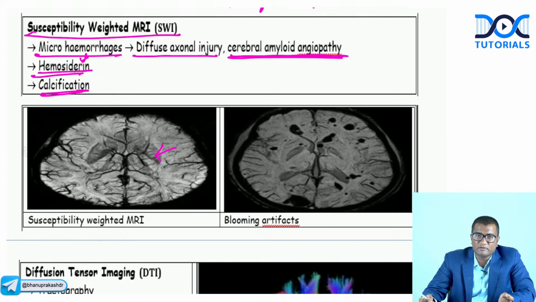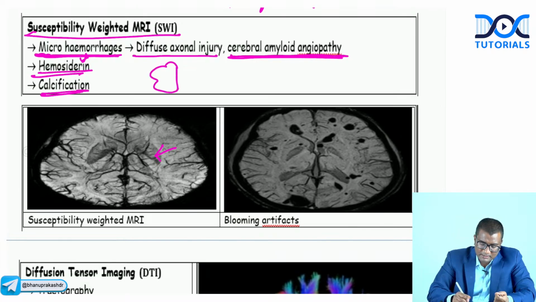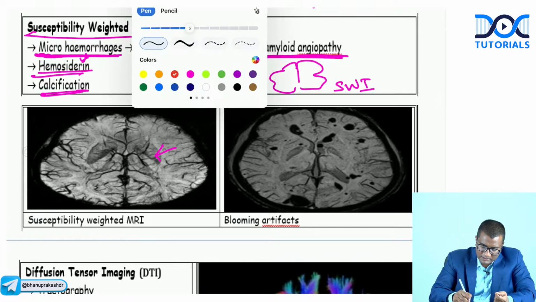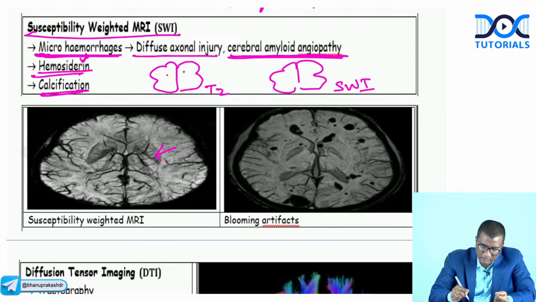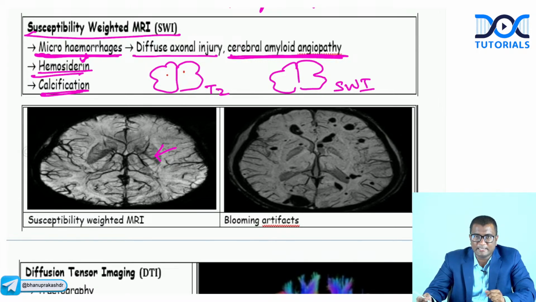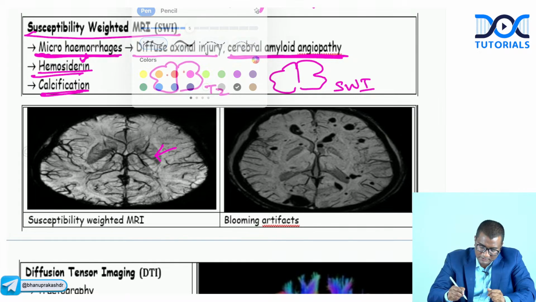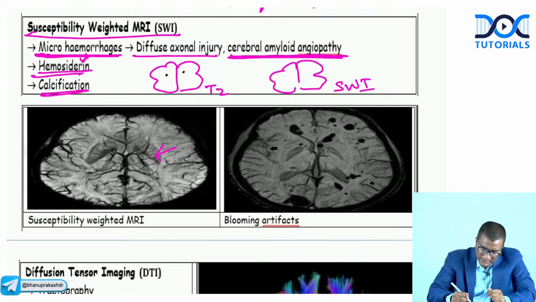So in cases of diffuse axonal injury and cerebral amyloid angiopathy, you will have these microhemorrhages or petechial hemorrhages, and these will appear as blooming artifacts. Imagine this is a T2 weighted image and this is a susceptibility weighted image. On the T2 weighted image, the areas of petechial hemorrhage may not be clearly seen, but those same areas become larger and darker, like a flower blooming.